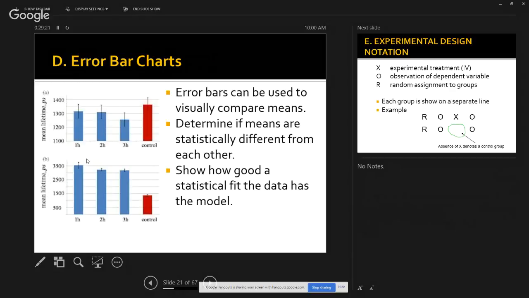Visual descriptions provide more information. You don't have to totally understand statistics even to get that, right? We can see right away that, for example, pretend these were different experiments, this one, the control group, is way different than the other groups.